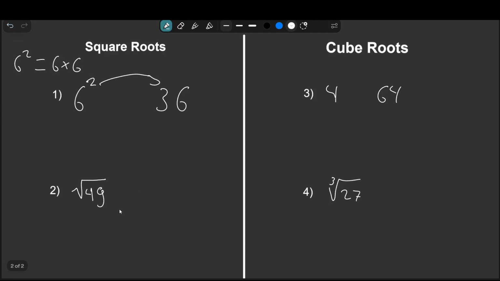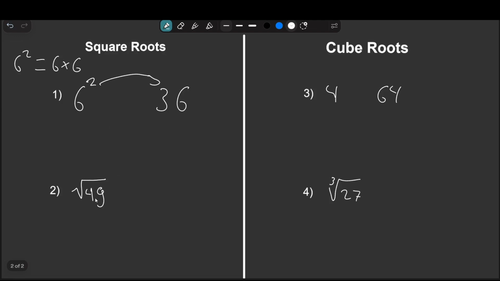Now the square root of a number is the inverse or opposite of squaring a number. We are going in reverse of squaring a number, so to speak. When it comes to square root, we need to think what number multiplied by itself will equal the number under the root symbol. So, now we know this is 6 squared, and basically the square root of 36 will be 6.